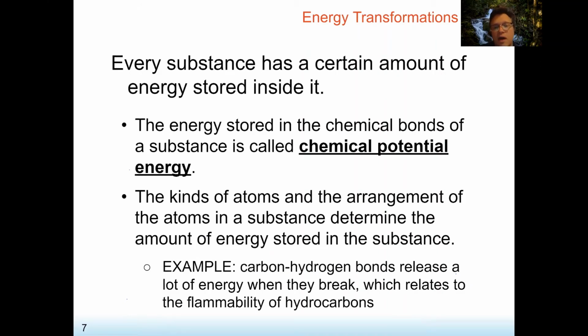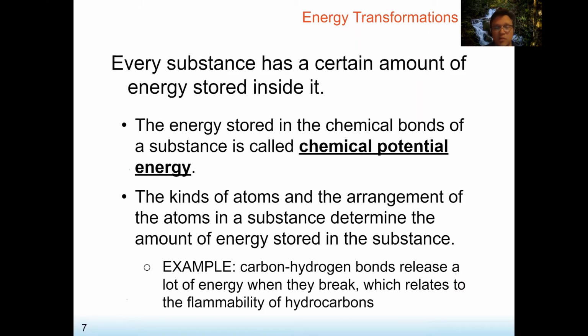So every substance has a certain amount of energy stored in it. The energy stored in chemical bonds of a substance is called its chemical potential energy. Chemical potential energy varies based on the kinds of elements that are in the substance and the way that the atoms of a substance are arranged.